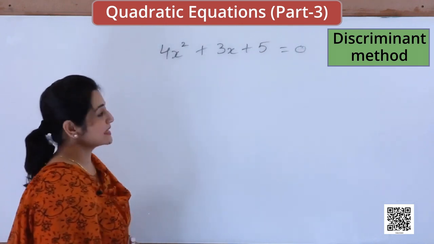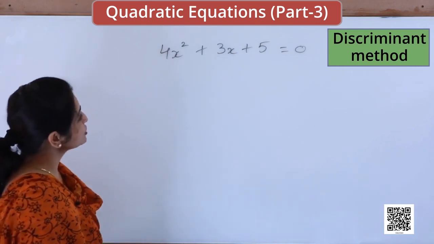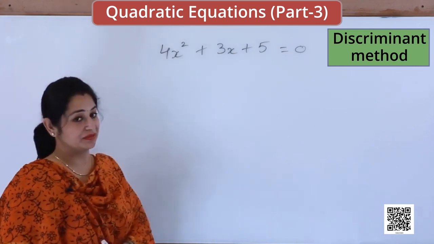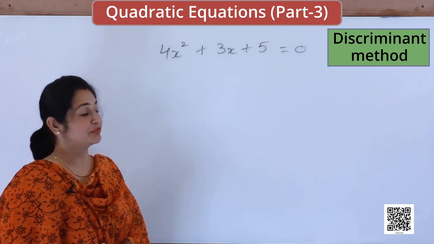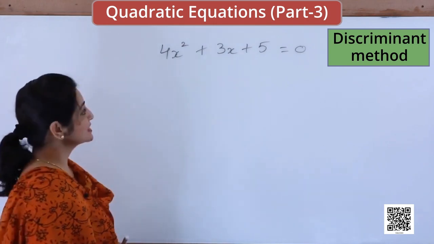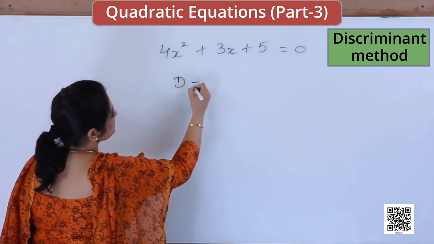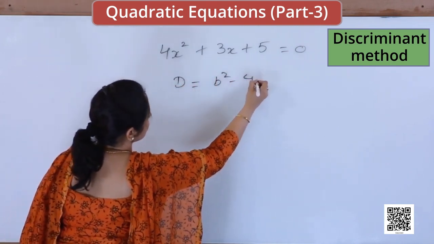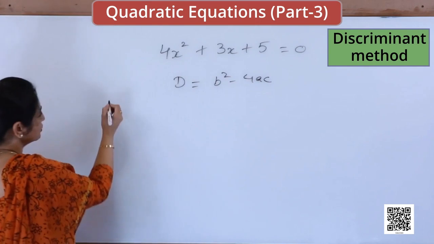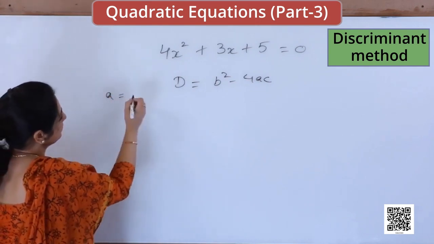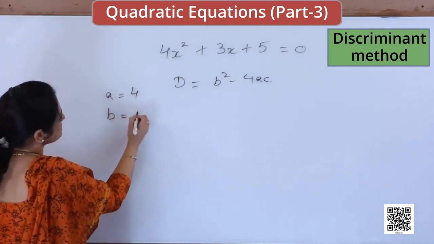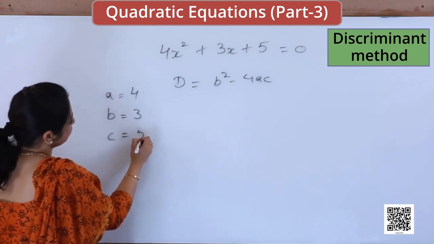So now look at this example. If we will try to solve it with the help of factorization method, we will not be able to do it. It will take us forever. So let's do it with the discriminant method. For that we need discriminant, which is equal to b square minus 4ac. And for this the values of a, b and c. A here is 4, b is 3 and c is 5.